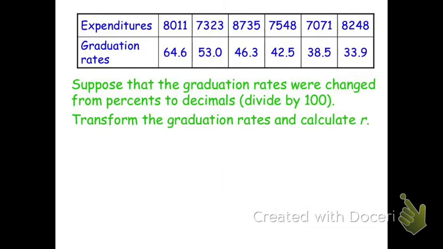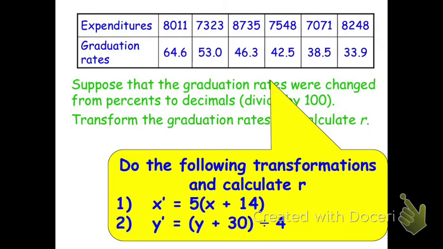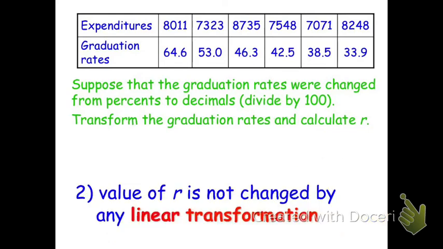So is that with adding and subtracting? Same thing. So even if I did these transformations, I'm not going to make you do them, but if I changed all of my x's to be 5, or if I added 14 and multiplied by 5, or if I added 30 divided by 4, any of those, adding, subtracting, multiplying, dividing, if I'm doing it to all of the values, not just one value, but all of them, it does not matter.